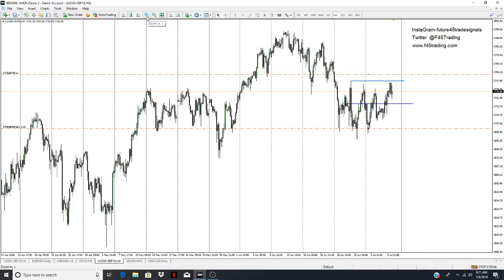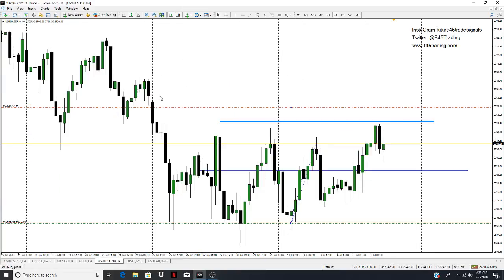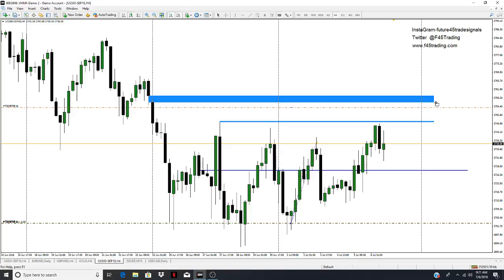And one thing I like about it is we have this gap right here. It's a pretty common gap fill trade thing, and it hasn't been filled yet. So I think price is going to want to get up into there, and I just have the profit target just below it, just to be safe, because it doesn't need to get into there, but it has a good opportunity to.